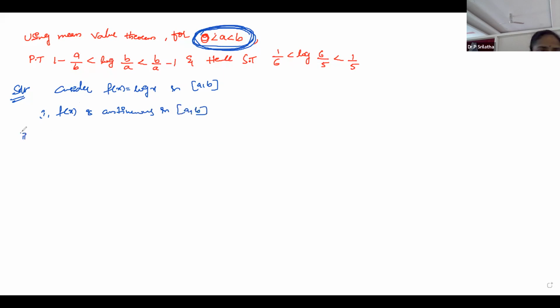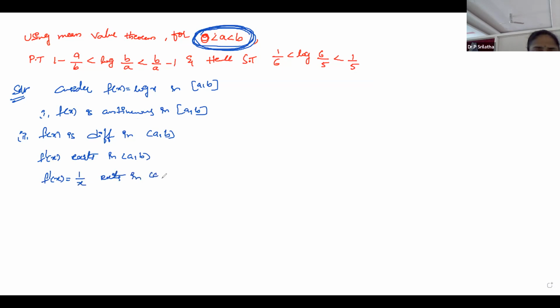So by the second condition, f of x is differentiable in open interval a comma b. So f of x is differentiable means f dash of x exists in open interval a comma b. So f dash of x exists means f dash of x equal to, here log x differentiation is 1 by x, will exist in open interval a comma b.